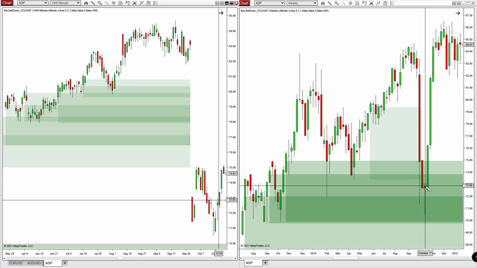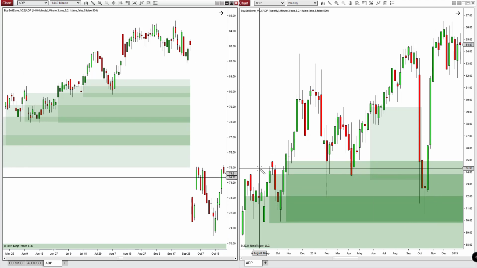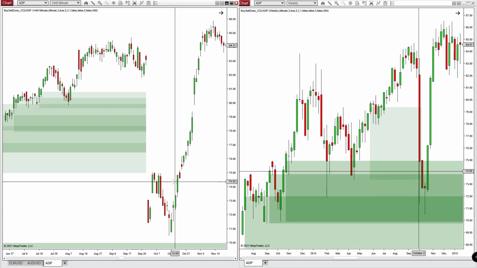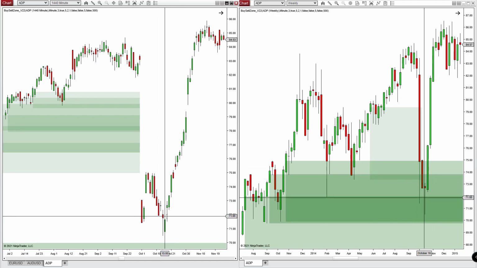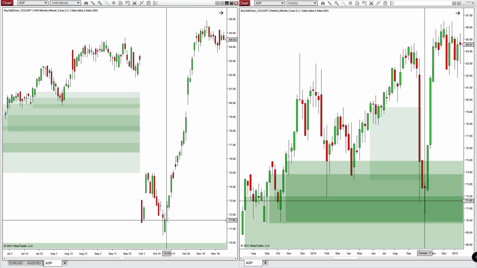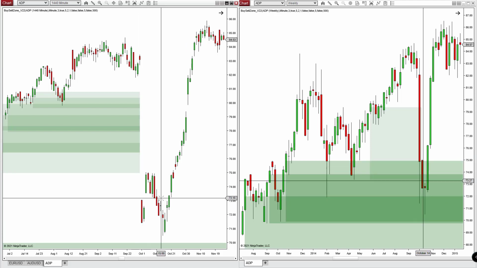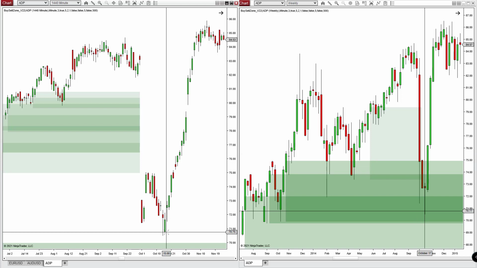The question is, are we going to be able to catch an overlap here? My guess is no, because that's such a fast move. But let's find out. Yeah, okay, so I was right. If we're only using the overlap, there was no way to get a trade here. But if you're a stochastic divergence trader, you are going to have divergence right here on your daily inside of a weekly zone.